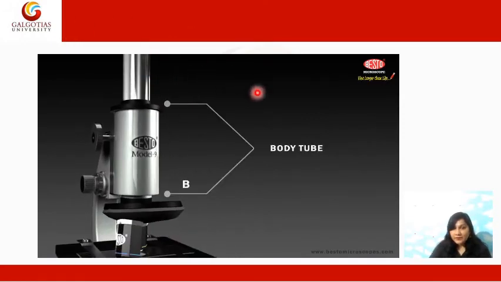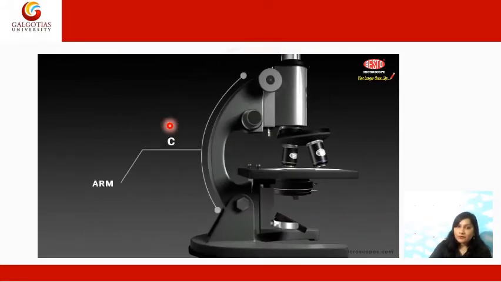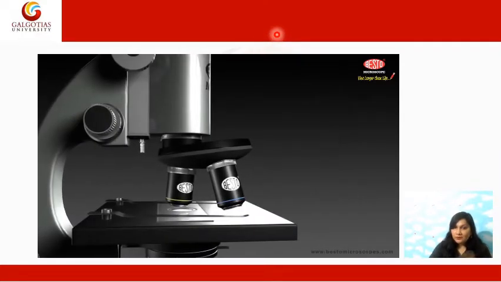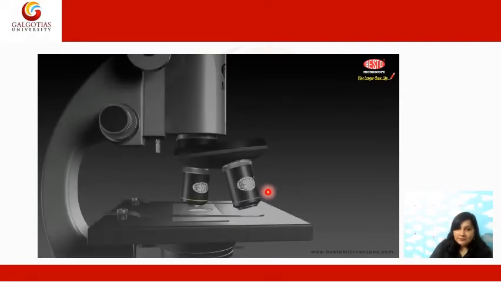This is the body tube. If you remember the theory, the length of the body tube has a great impact on the resolution power of the compound microscope. This is the arm. This is used to hold the microscope and to place its location. This is the revolving nose piece on which the objectives of different magnification power are mounted.